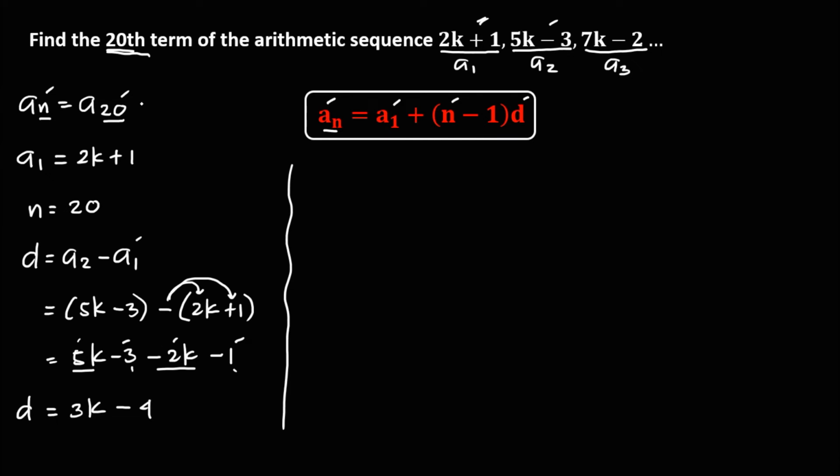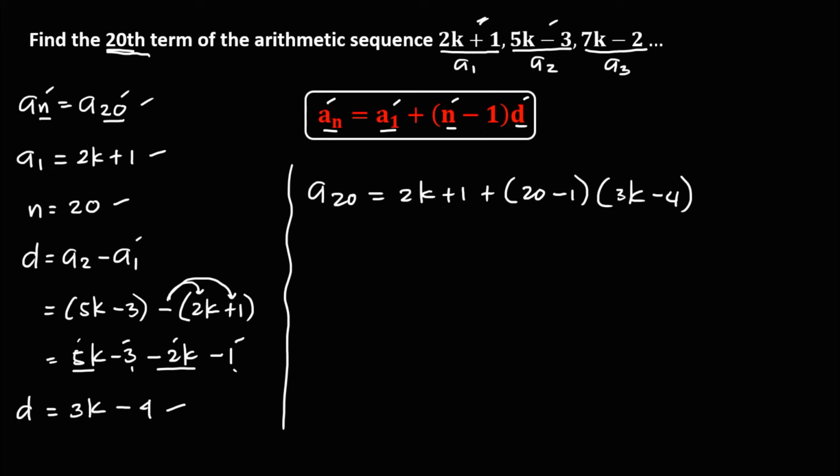So for a sub n, that's a sub 28, equals a sub 1, that's 2k plus 1, then plus n, and n is 28, then minus 1 times d, and d is 3k minus 4.